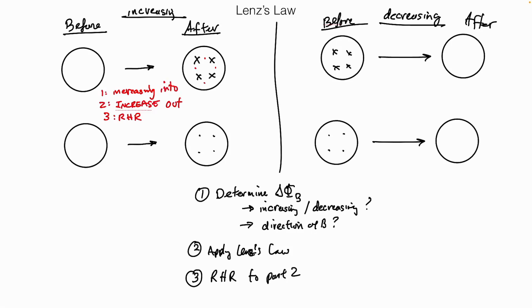Is your thumb the current or are your fingers the current? Your fingers are the current because this is a coil. The current's flowing around the coil. So if the coil's magnetic field, my red dots there, are pointed out of the screen, my thumb is the magnetic field pointed out. What are my fingers doing? They are rotating counterclockwise.